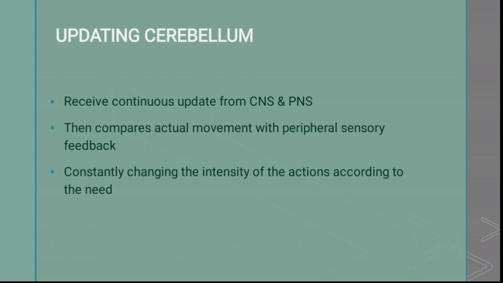And if we need to increase our performance or activity, then the cerebellum will act to do that. In that case, it constantly compares the actual movement with the peripheral sensory feedback and constantly changes the intensity of the actions according to the needs of the body.